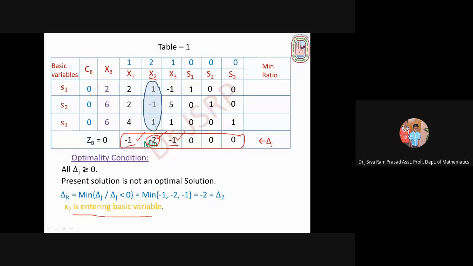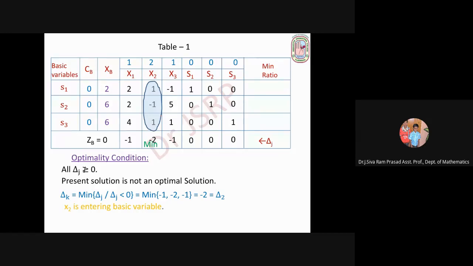This represents the entering basic variable. So x2 is entering basic variable. This is called the pivot column.